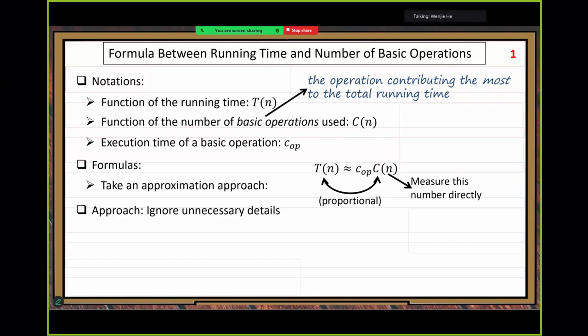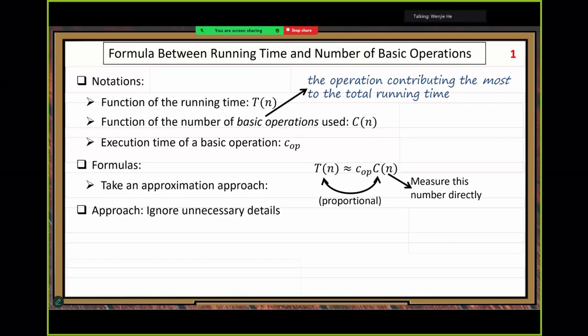Then, when we study the efficiencies of algorithms, sometimes our formula expressions could be very complicated, with many terms. So we want to simplify our expressions. The approach is to ignore unnecessary details.